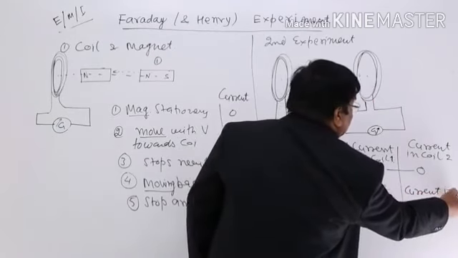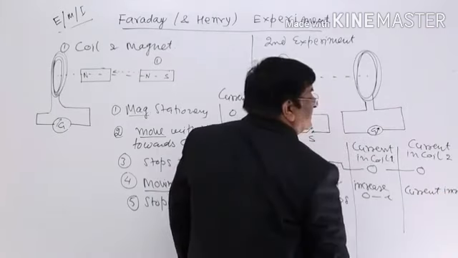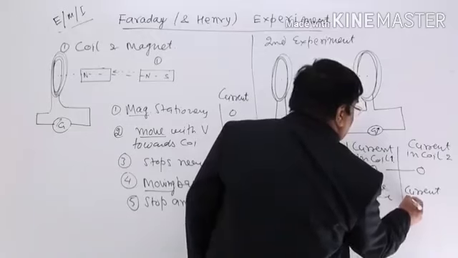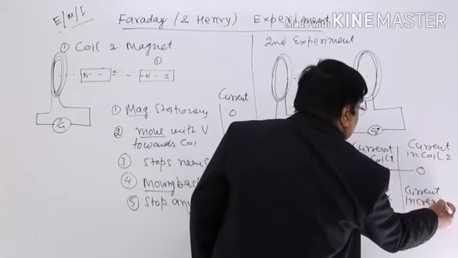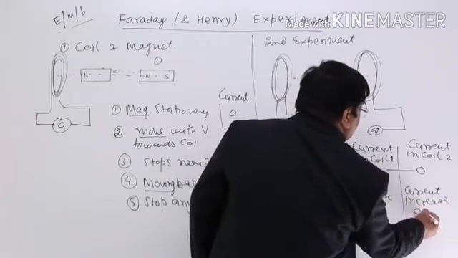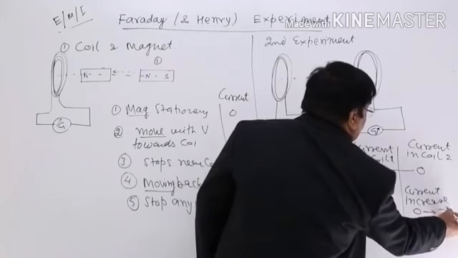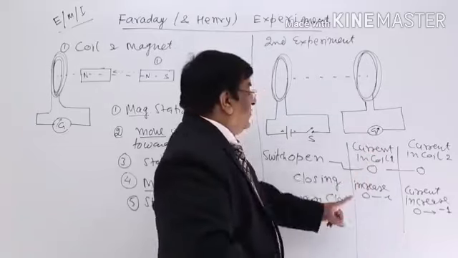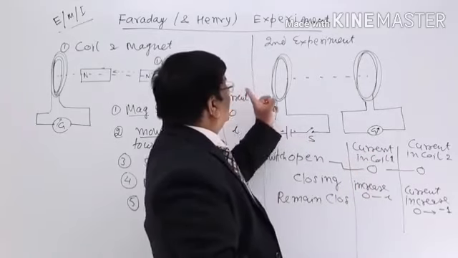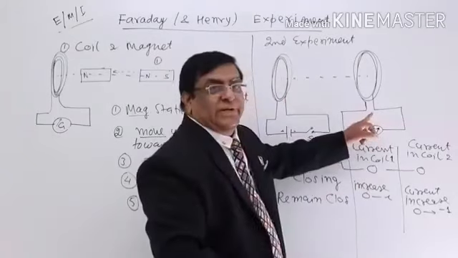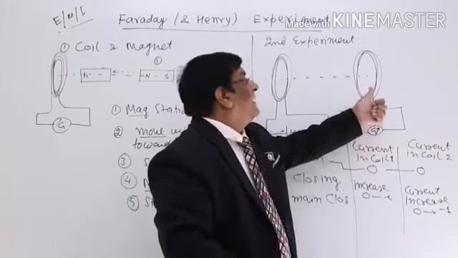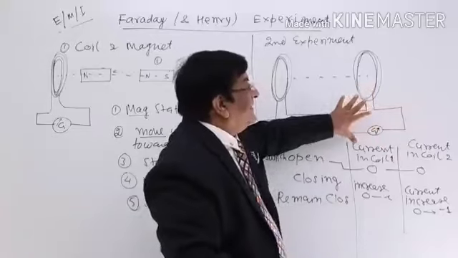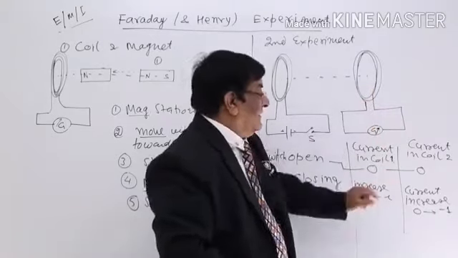Current increases. How much does it increase? Answer, from 0 to -I. It increases in the negative direction, don't mind that. So when this current increases in the positive direction, this also increases. Maybe the current direction is opposite, but you see there is no battery. Still it shows the current.